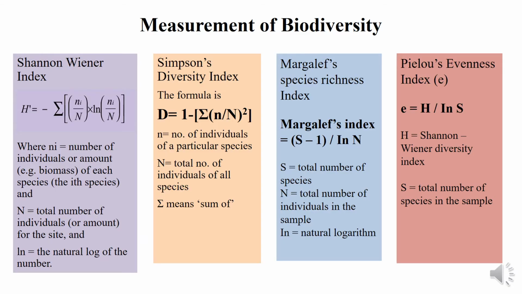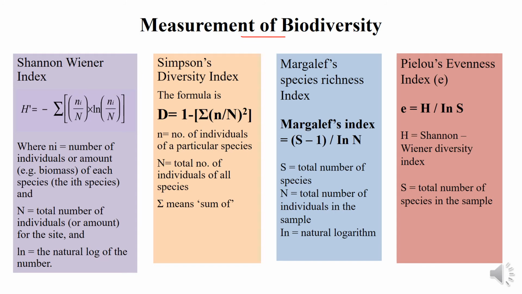So this is the biodiversity measurement, the different indices. This slide I have already talked about in my biodiversity lecture, but here I will discuss it a little bit, and we will also discuss all the biodiversity measurement techniques as a practical in an Excel sheet.